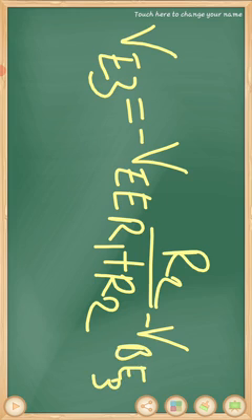In this equation put the VB3 value, which is minus VEE R2 upon R1 plus R2. Then calculate the emitter current.